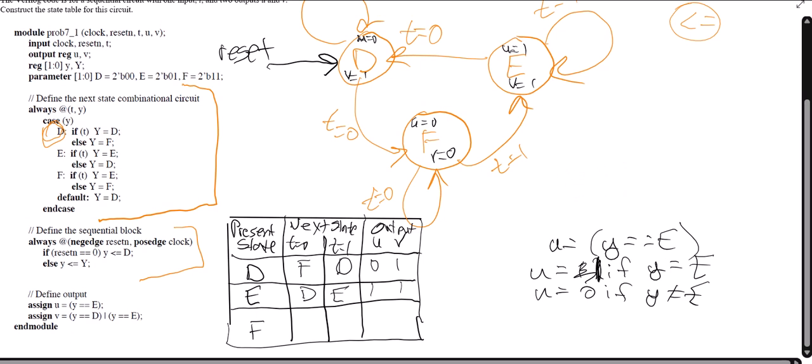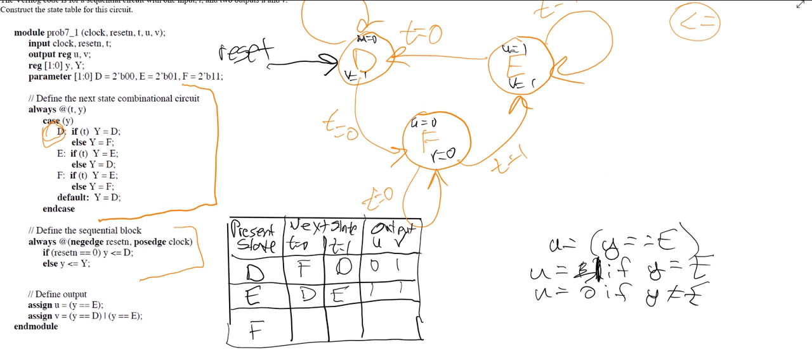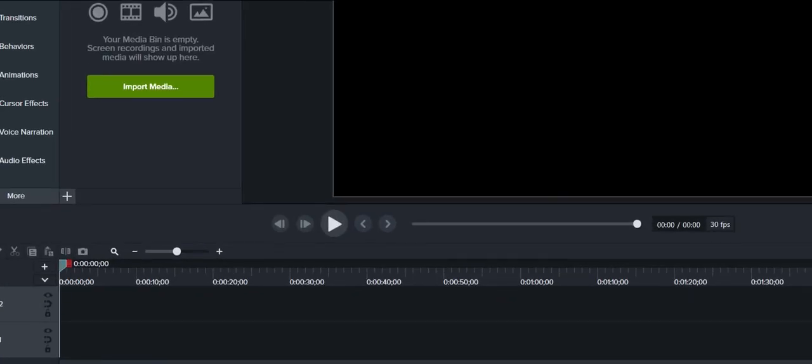And for F, when T was 0, we went back to F. And when T was 1, we went to E. And our output was 0, 0. Let me see if that matches what I have here. My handwriting was much neater this morning. And that looks like the same that I have here. So I'll get back to that in just a second.